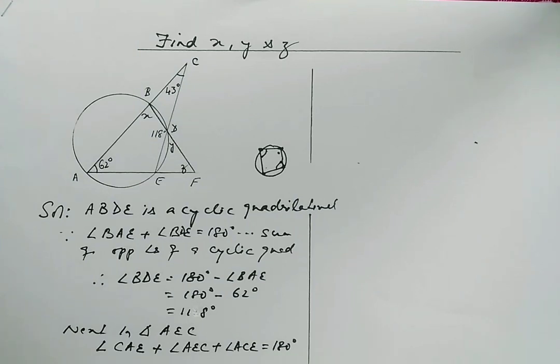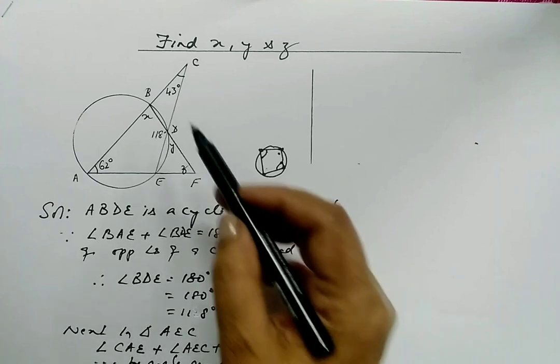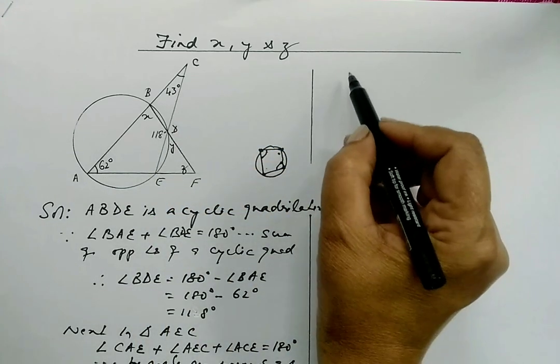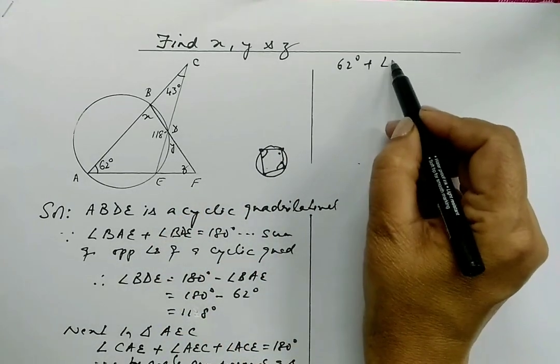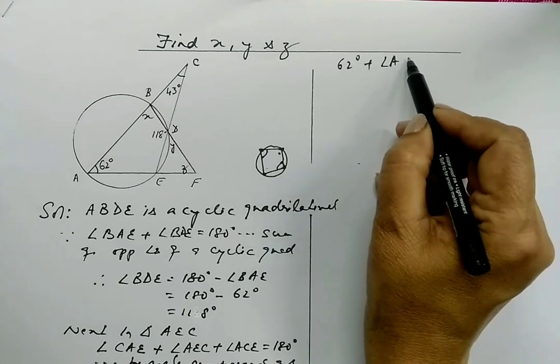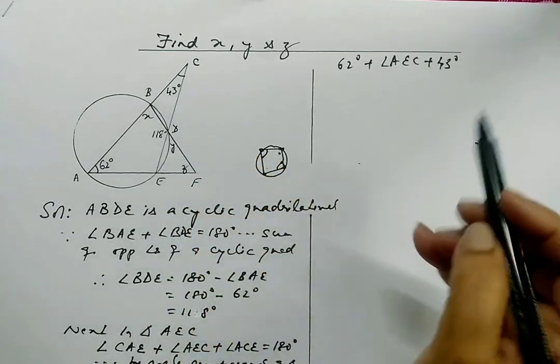But they all sum up to 180 degrees by angle sum property of a triangle. Now, when we substitute the values, CAE is 62 degrees plus AEC, which is not known to us, plus 43 degrees. This is ACE.